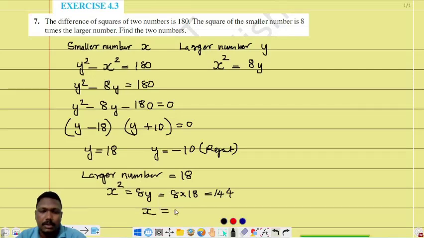So x is equal to how much? x is equal to 12. So x is equal to 12 and y is equal to 18. So the smaller number is 12 and the larger number is 18.